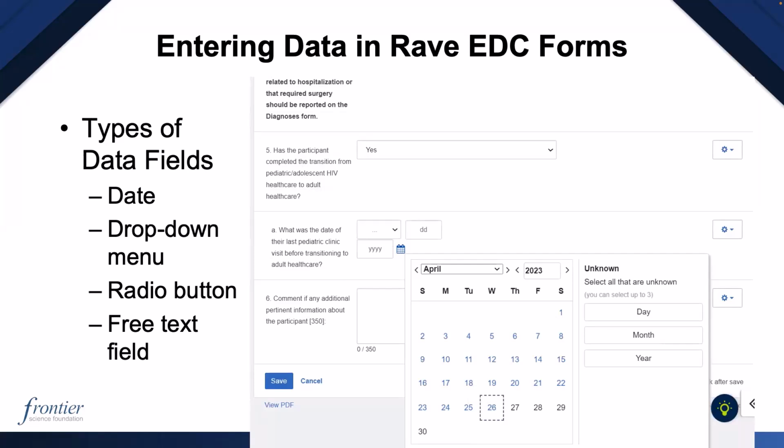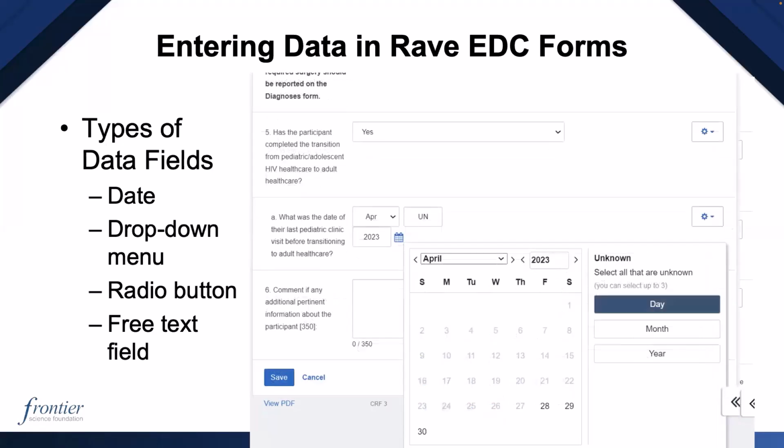So if all or part of a date is unknown, this makes it a little easier to enter unknowns in the correct format. You can just click on the unknown portions of the date. So for example, here I've clicked on day, the day being unknown, and then I've selected April and 2023 from the calendar.